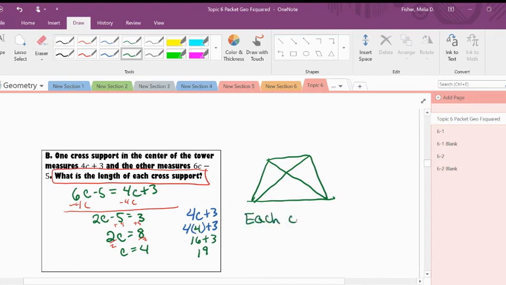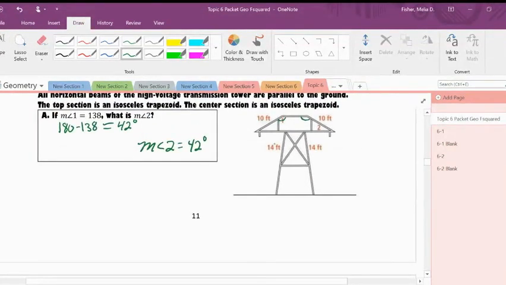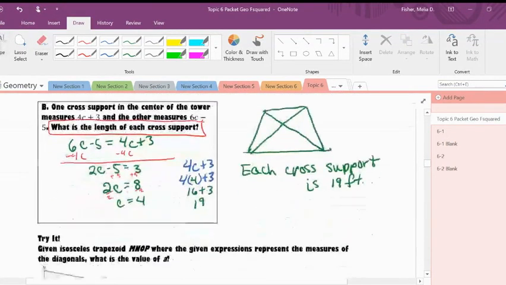Each cross support is 19 feet. We know that they were talking about feet because that was the unit of measurement given in the original drawing.